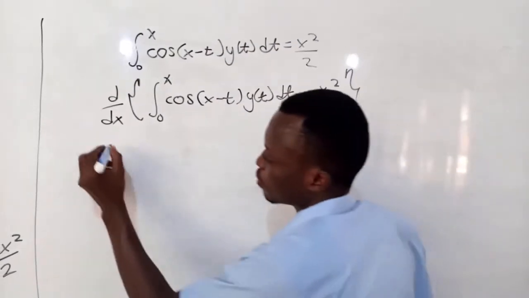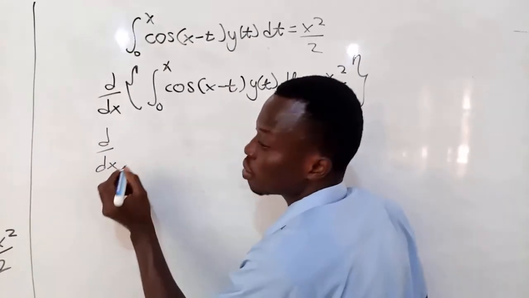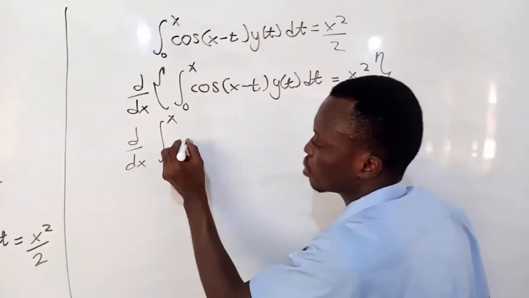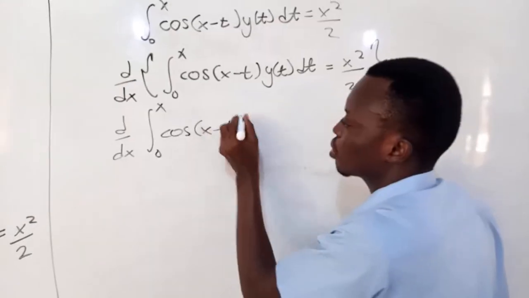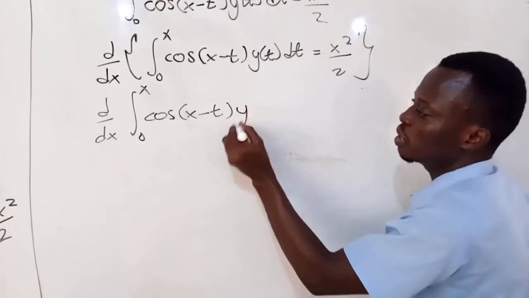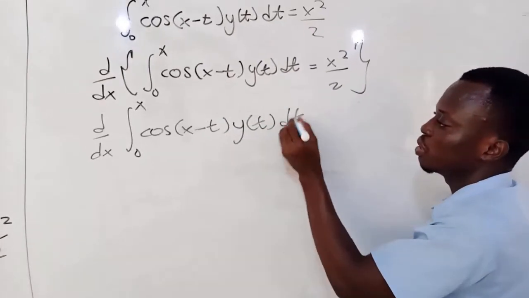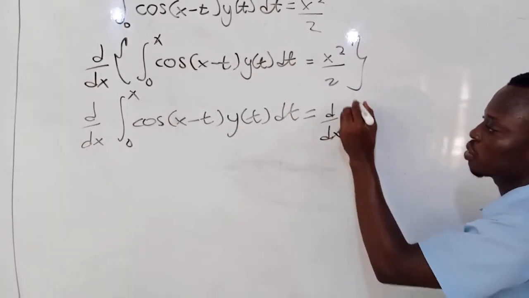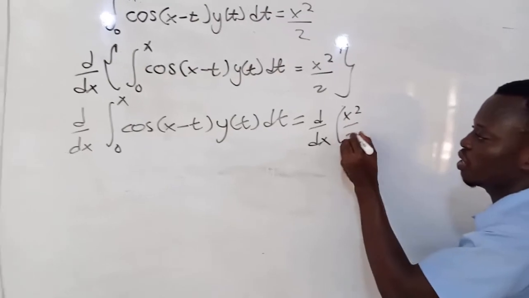So I'm going to have d/ds of the integral from 0 to s of cos(s minus t) y(t) dt, which is equal to the derivative with respect to s of s squared divided by 2.